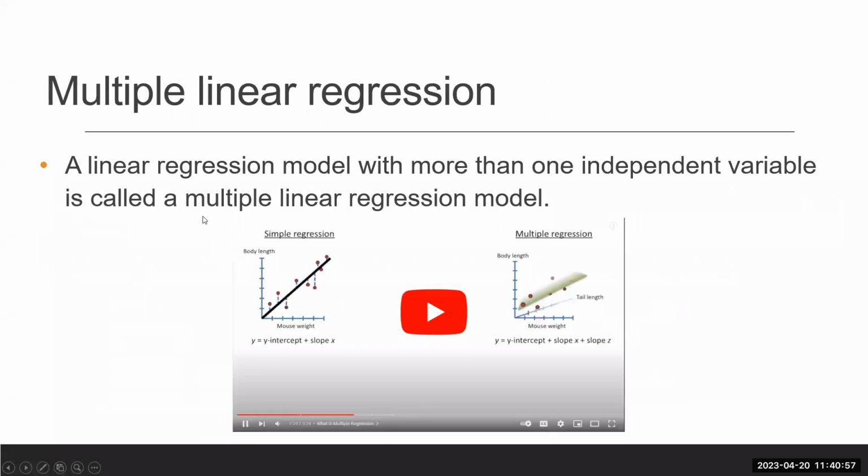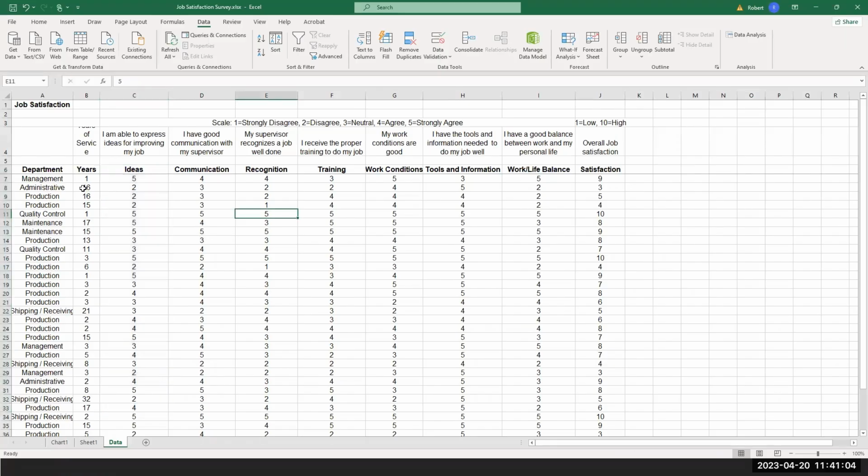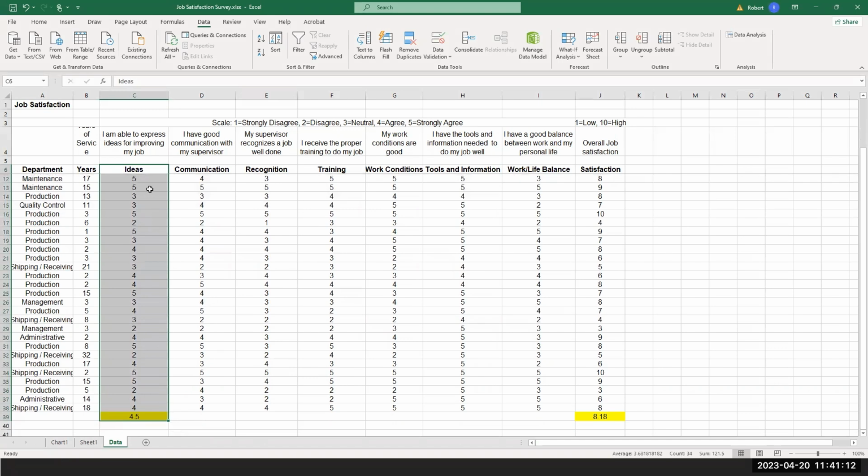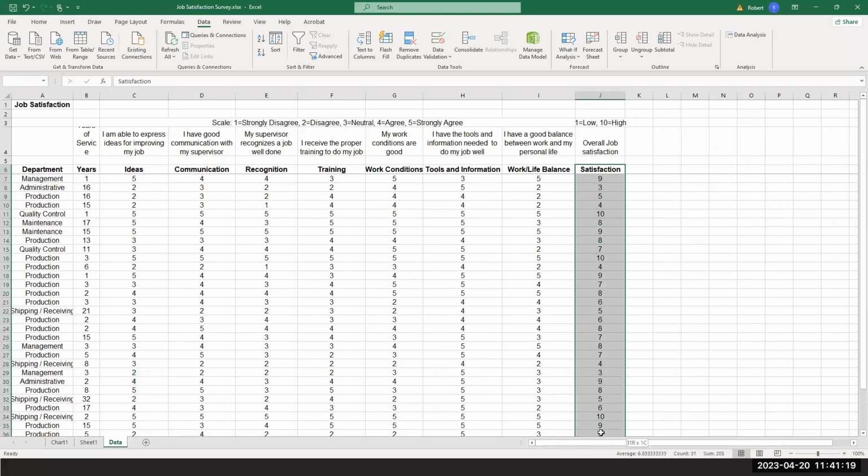Okay, so that is the end of simple linear regression. Just to quickly summarize, simple linear regression allows you to take a data set like this and analyze the impact of one independent variable, and work out how that's going to impact a dependent variable.